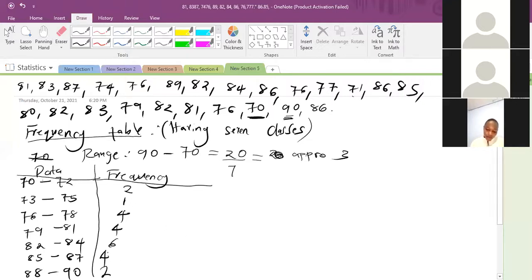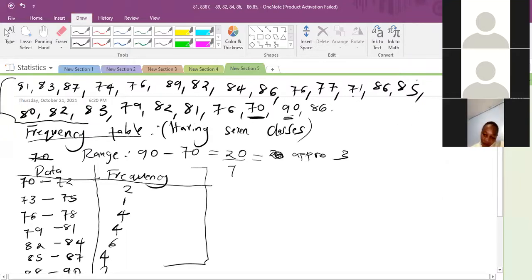So basically, guys, this is a frequency distribution table. That's how you group your data. When you're given a set of ungrouped data, this right here was our set of ungrouped data, you can group it by drawing a frequency distribution table.